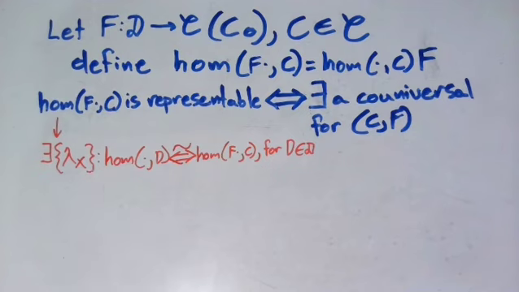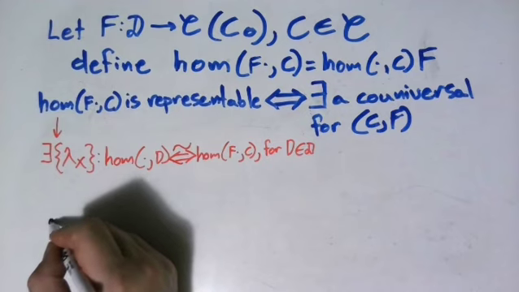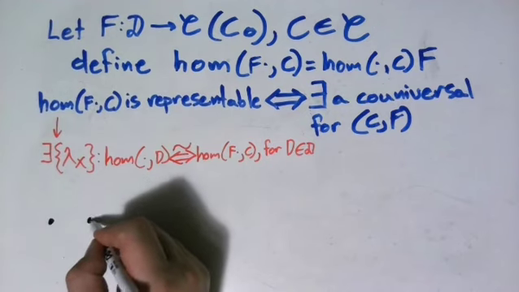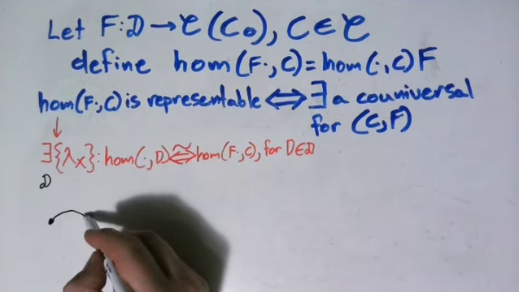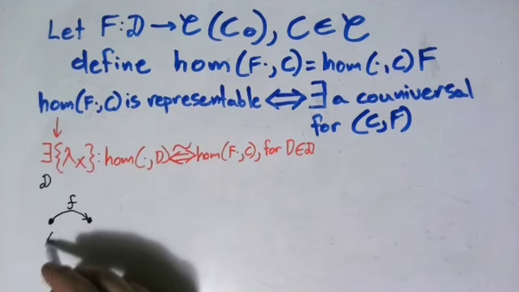So if we draw that out one more time, let's suppose in our category D over here, we have some morphism F going from X to Y.